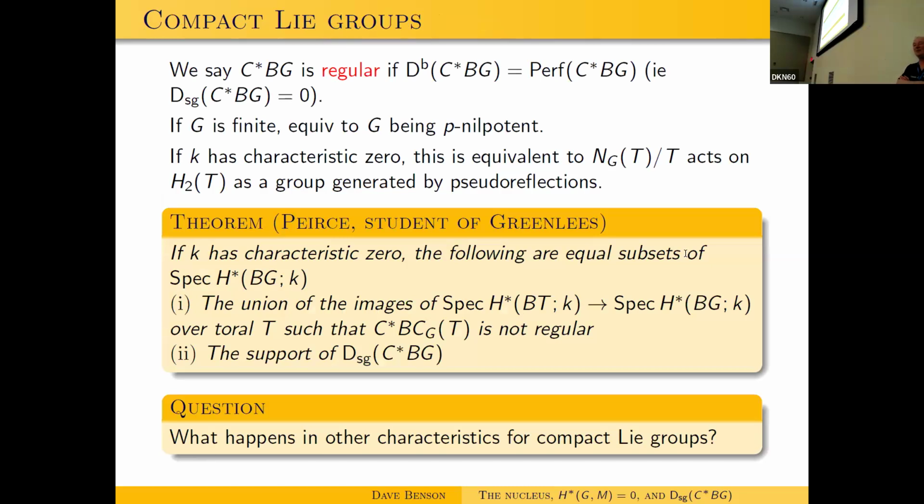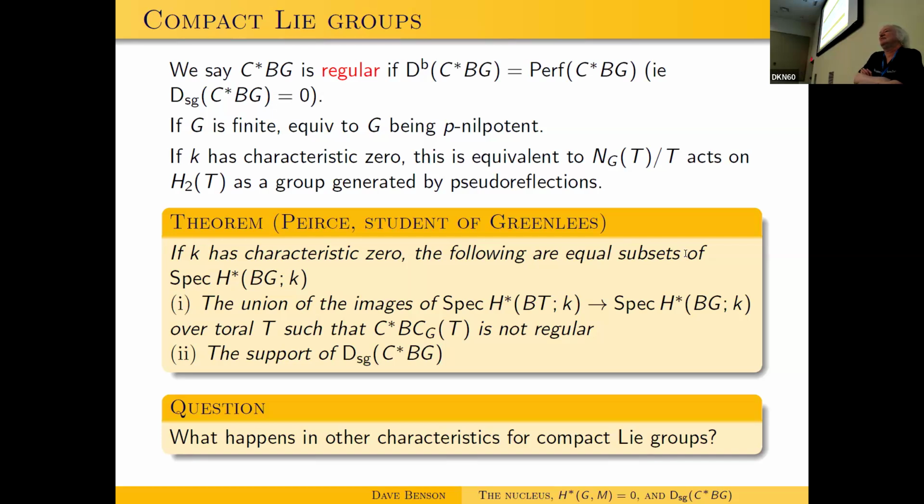So one more situation in which I'd like to talk about the nucleus is compact Lie groups. Let's just do this in characteristic 0. You can do it in any characteristic and try and understand what's going on, but it's hard enough in characteristic 0. So let's say that cochains on BG is regular if the singularity category is 0.